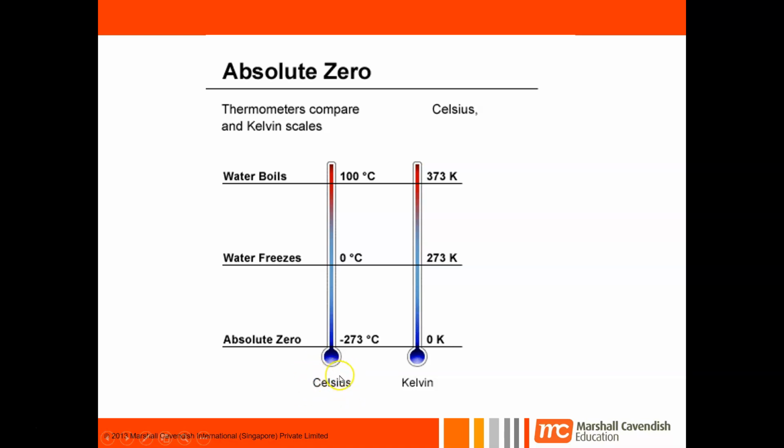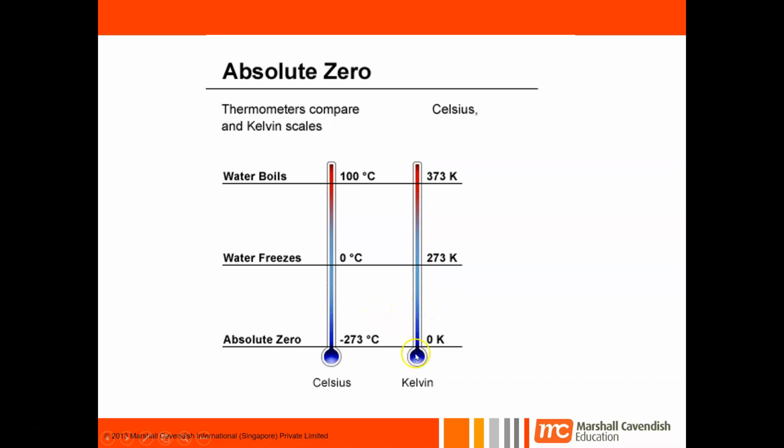However, this is not the SI unit. Recall that we have learned that Kelvin is the SI unit for temperature, right? This honor is given to the scientist Kelvin, not for discovering temperature, but for studying temperature.